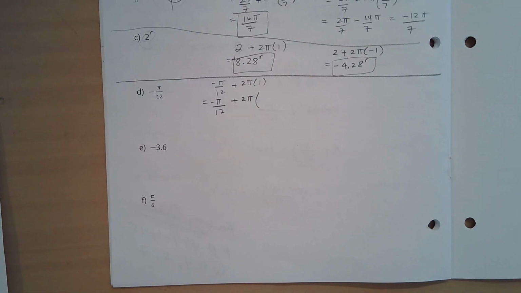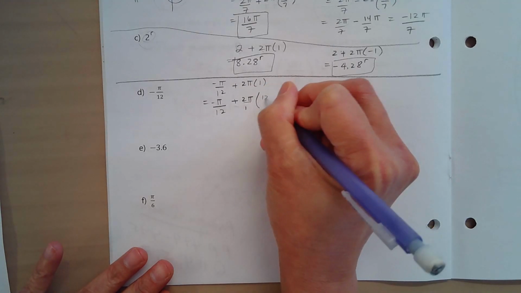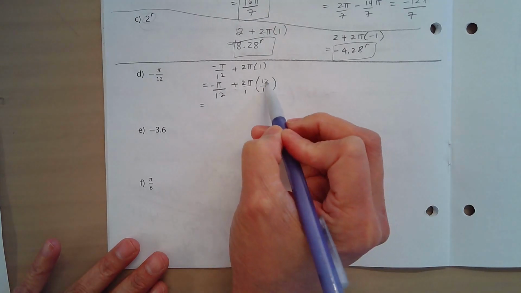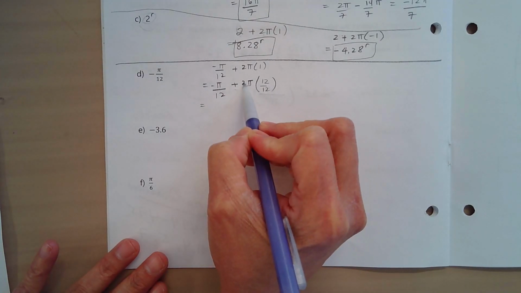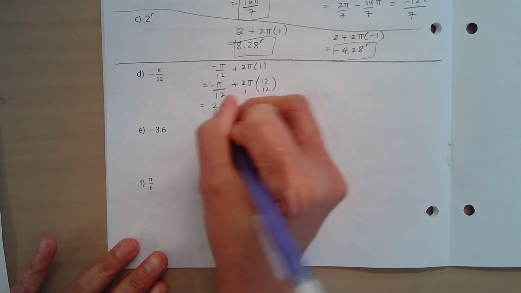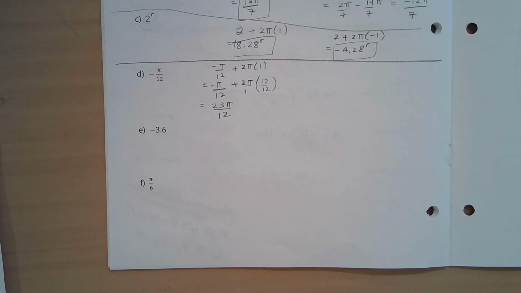We need to have the same denominator, so you're going to multiply by 12 twelfths. That's going to give us 24 minus 1, so that's going to be 23 pi over 12. And we can just leave it like that.